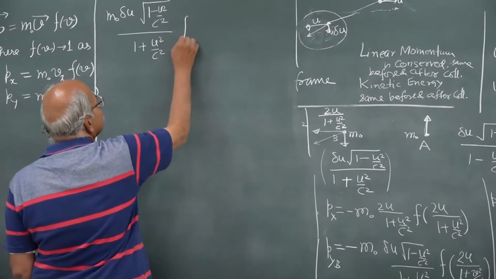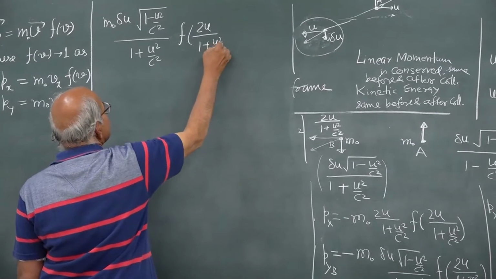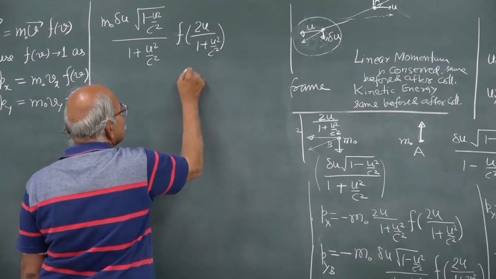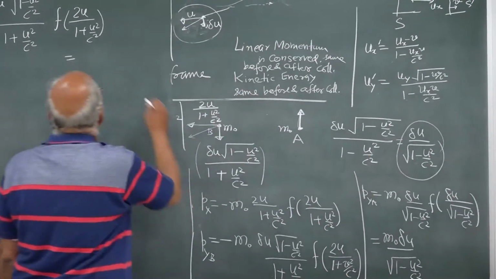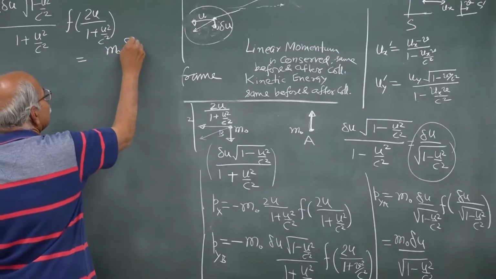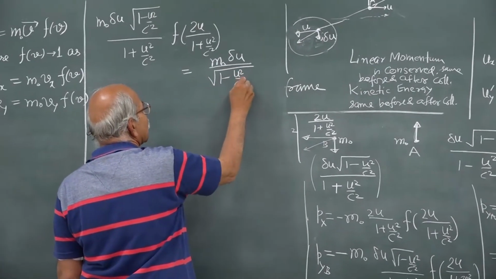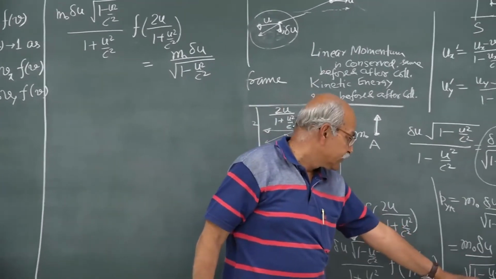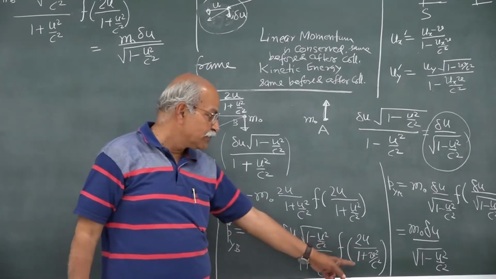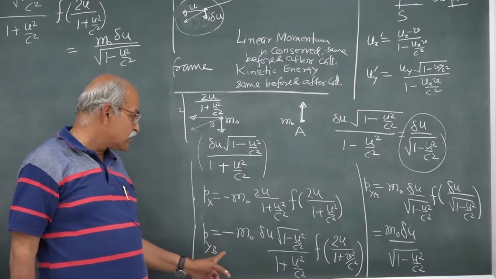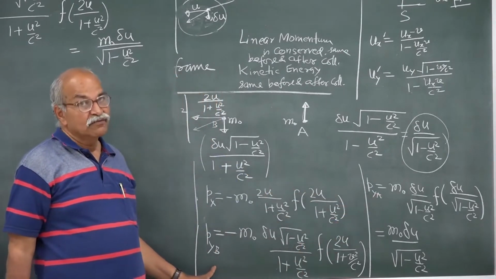So f of 2u by 1 plus u square by c square, this should be equal to what? This should be equal to this, m naught delta u divided by square root 1 minus u square by c square. This magnitude and this magnitude should be equal, so that when you add the y component of linear momentum of A and B, it should be 0.